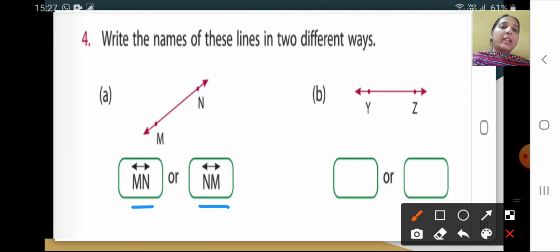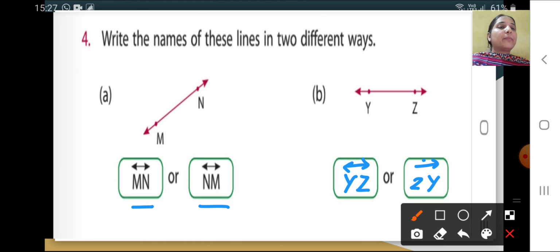In the same way we have to name number B. How will you name it? It can be named as Y, Z, and then the symbol of a line, meaning the arrowhead on both sides. Why? Because this is a line, because it can be extended from both sides. So it can be named as line YZ or line ZY.